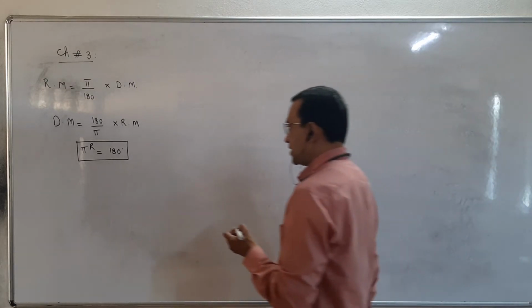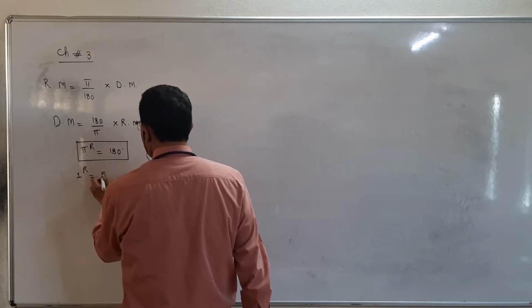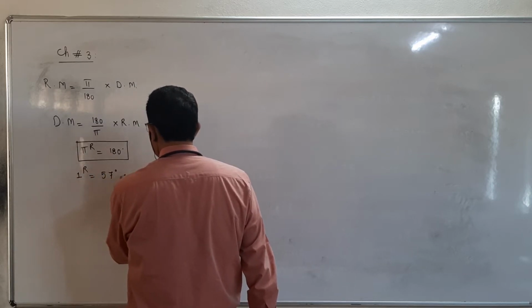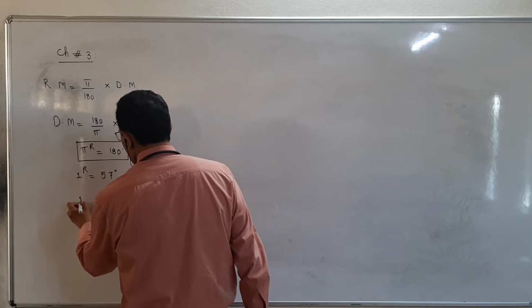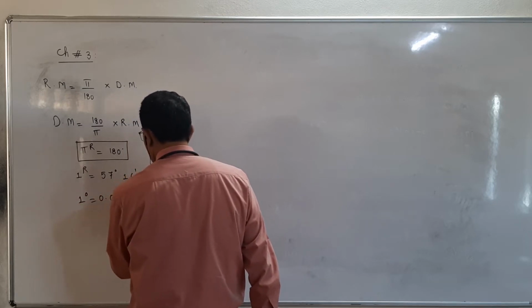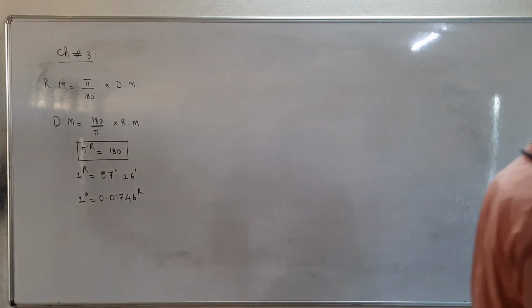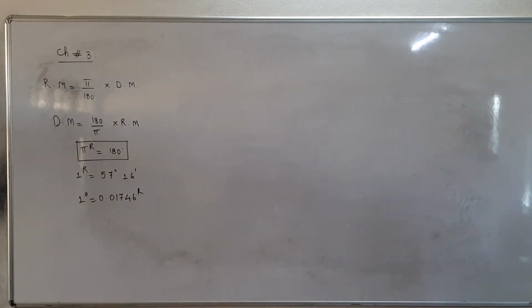Then 1 radian is approximately 57 degree 16 minutes, and 1 degree is approximately 0.01746 radian. This result, students, can be asked as MCQ. So students, these results you have to memorize.